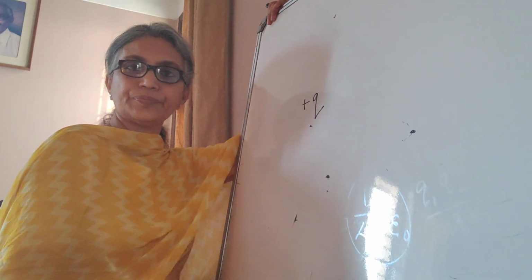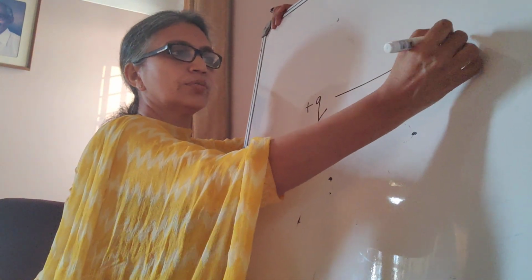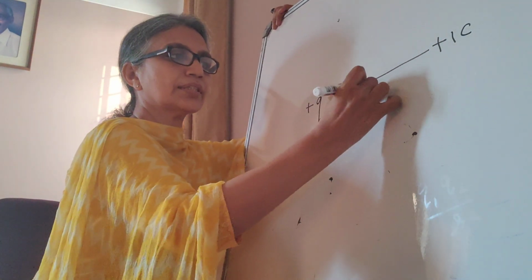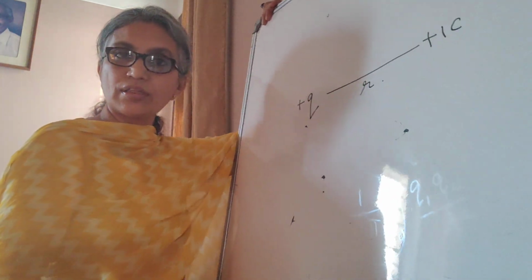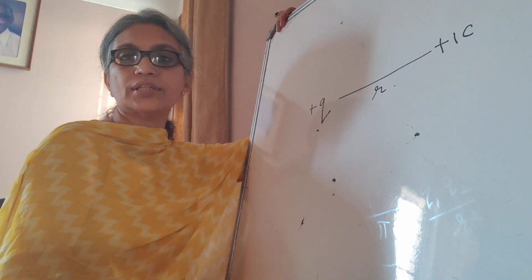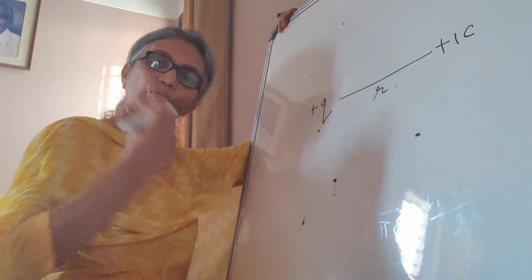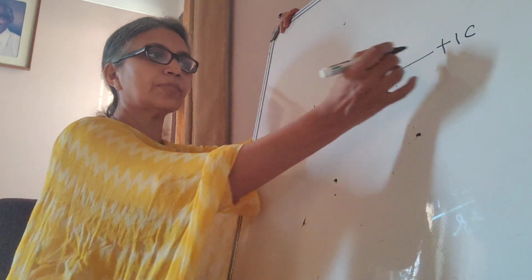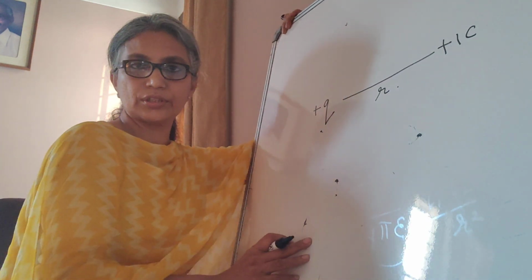And if I take a plus 1 Coulomb and keep it at a distance R, this plus Q here is called the source charge. This plus 1 Coulomb here is called the test charge. A test charge is always a unit positive charge, plus 1 Coulomb. And I'm going to keep this unit charge at a distance R from the source charge.